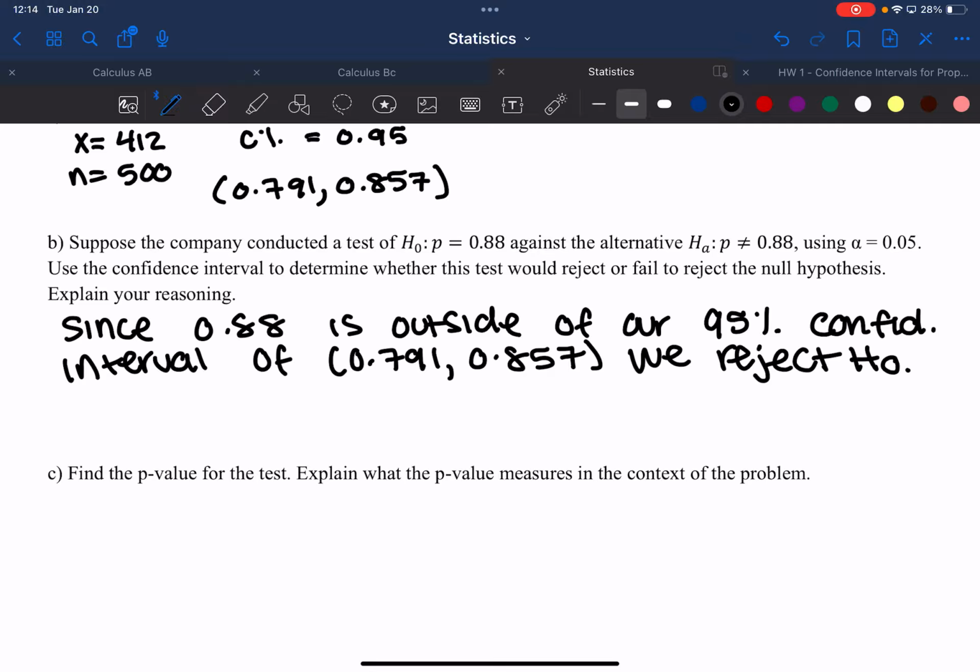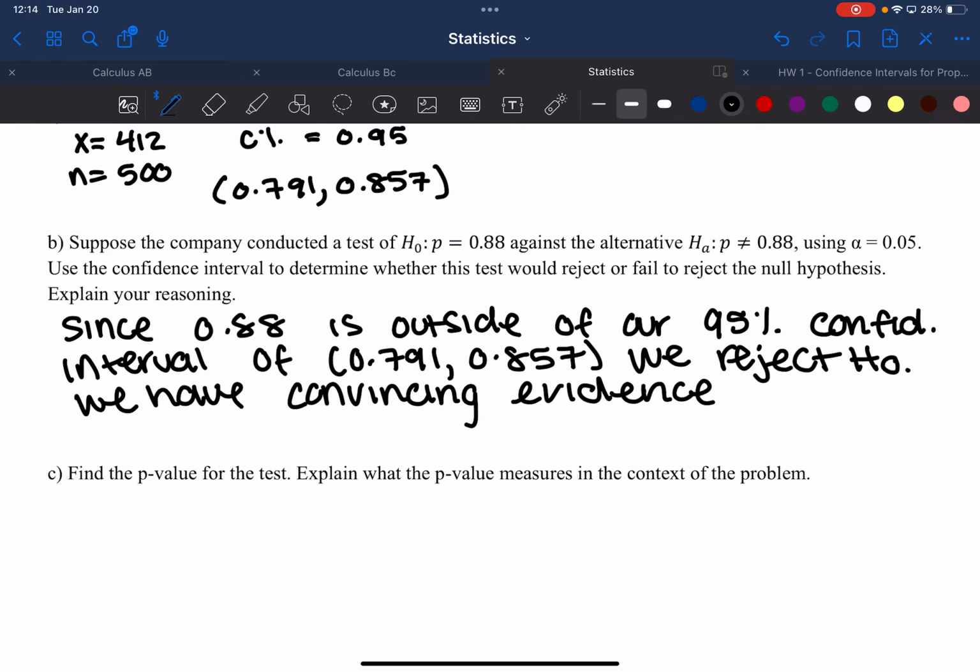So if we reject the null hypothesis, do we have convincing evidence or do we not have convincing evidence? We have convincing evidence. So we have convincing evidence that what?